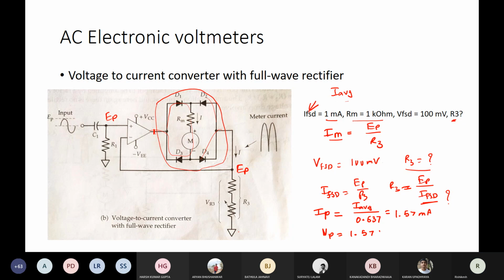RM is 1 kilo ohm. So, sorry, I used a different variable. I should use E peak. What is E peak?